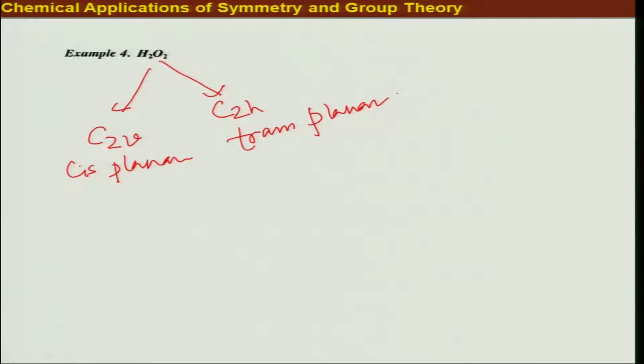Right. So, I guess you still remember what the symmetry operations were. In case you have not, let us again look at those. For C2V that we got for the cis planar configuration of H2O2, we got the following symmetry operations: E, C2, and 2 sigma V's, which are differentiated as sigma V and sigma V prime.